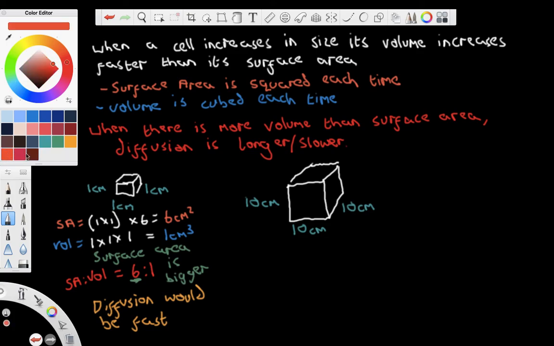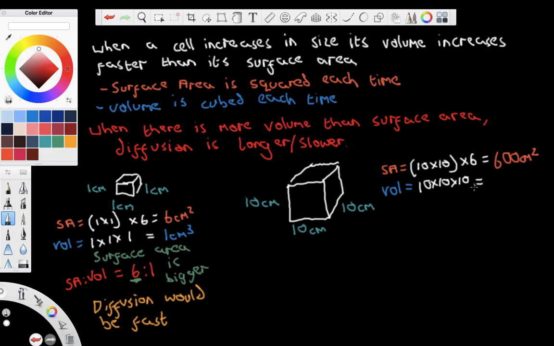This time our surface area will be equal to 10 times 10 times 6, which would give us a surface area of 600 centimetres squared. On the other hand, our volume would be equal to 10 times 10 times 10, which would give us a volume of 1,000 centimetres cubed.